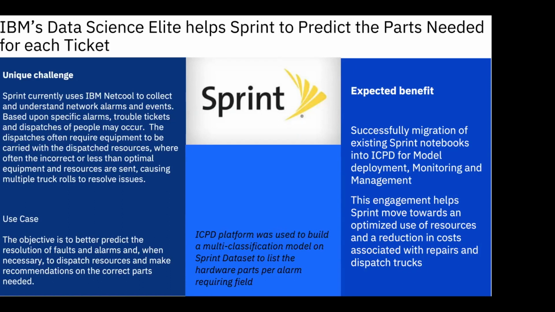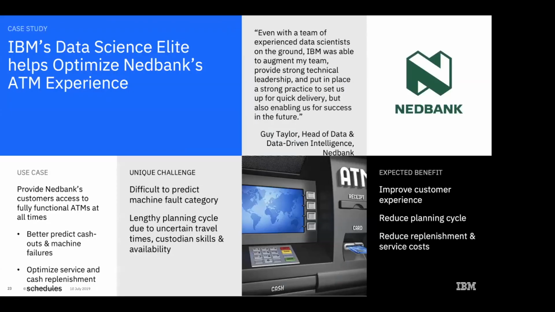Whenever a ticket with multiple alarms was ingested, the parts needed for the fix were printed with certain probabilities so that they know which parts should be sent to fix the problem. And there are some other use cases that Ana Maria is going to cover.